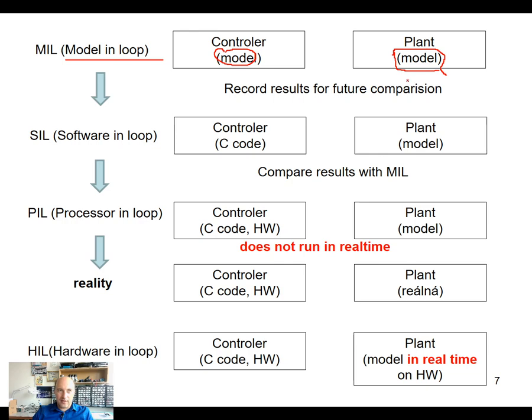On the other hand, you need to remember that the plant here is only a model. So it may not include all the effects that we have in reality. For example, we typically model the plant and the controller as linear systems in many cases. And in reality, the system might be non-linear.